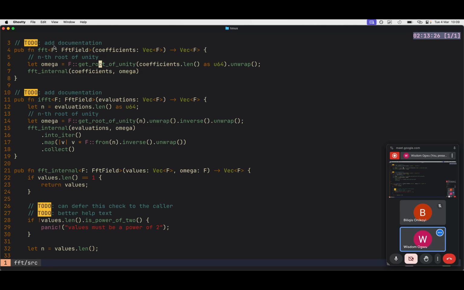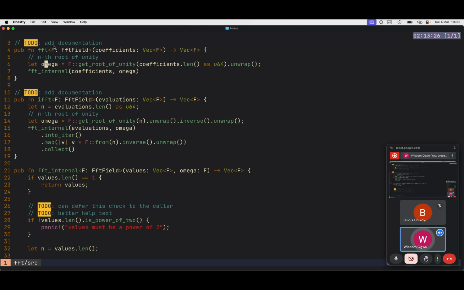You can use this to get the nth root of unity. So it will return to you an omega value. Now this omega value, when you raise it to the power of n, you are going to get 1. But you can also use this omega value to get all the n roots of unity. Does that make sense?